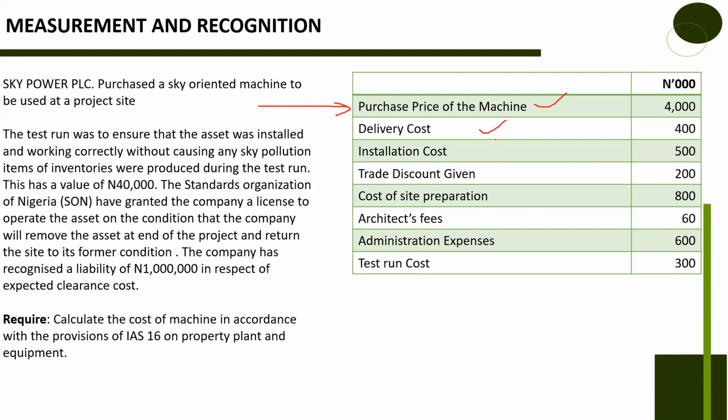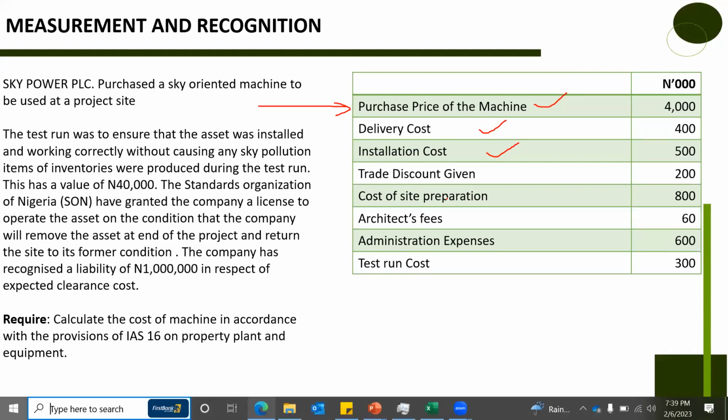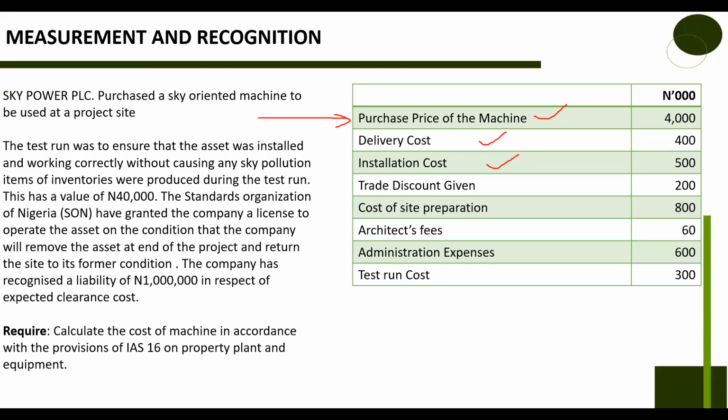Then installation cost. Trade discount given. Are we going to add that to the cost, or use it to reduce the cost? We are going to use it to reduce the cost. Thank you. Continue.